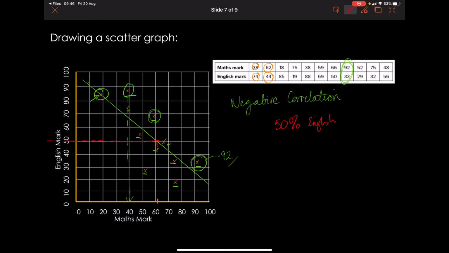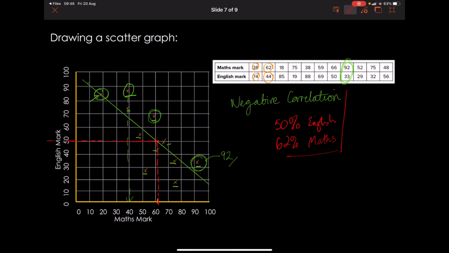Sorry, I went a little bit over, down to maths, and to me, that looks like it's about 62, 63, 62% in maths. So we can use our line of best fit to answer questions, and you will be asked to do that. So you will be asked to draw it, and then you'll be asked to answer questions. But I'm feeling very confident about that, and I think you should too, especially after going through that example.